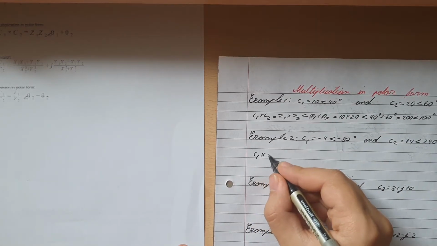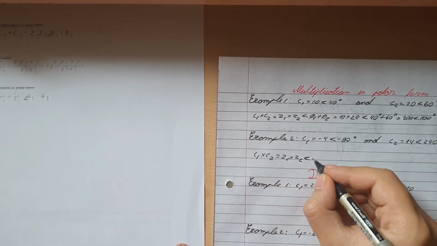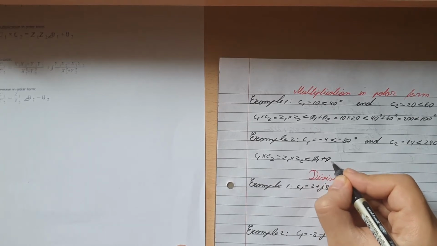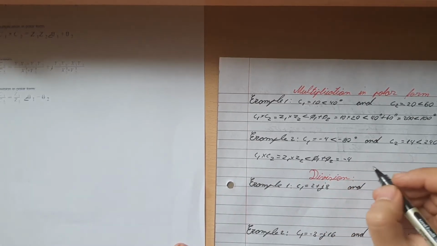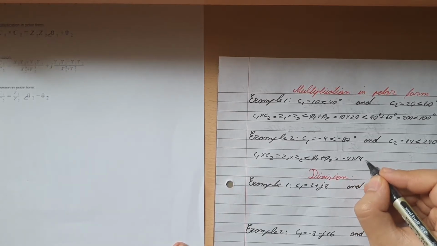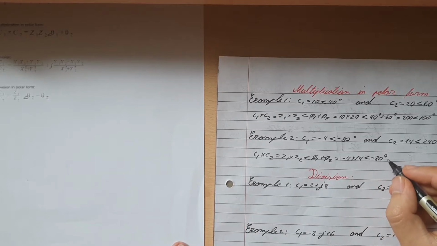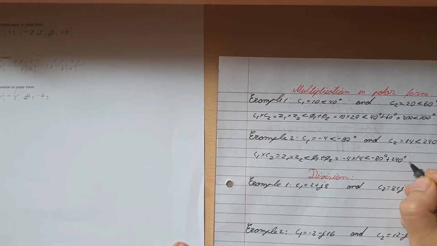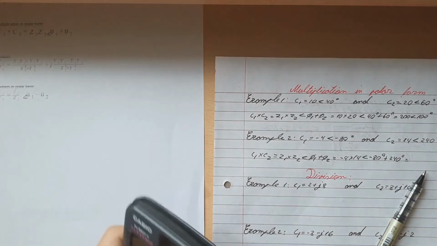So C1 times C2 is equal with again Z1 times Z2, angle 1 plus angle 2. That one will be equal with minus 4 multiplied by 14, angle of minus 80 degrees plus 240 degrees, and then that one will be equal with, so 4 times 14, what's that?